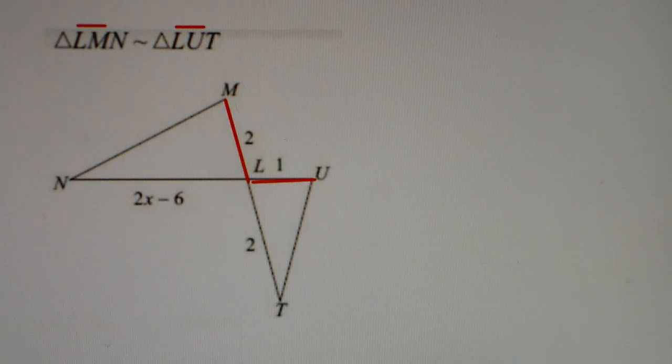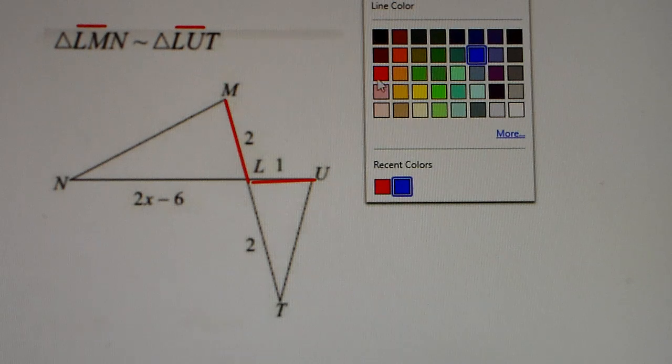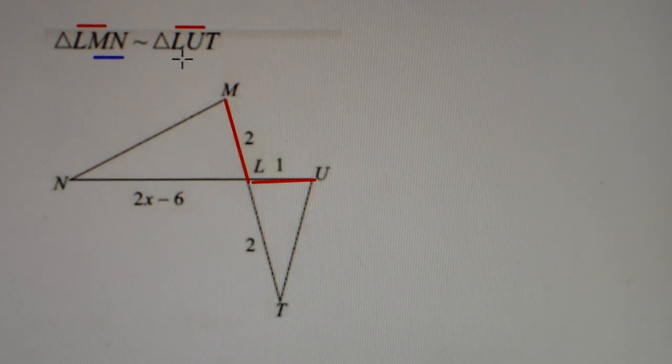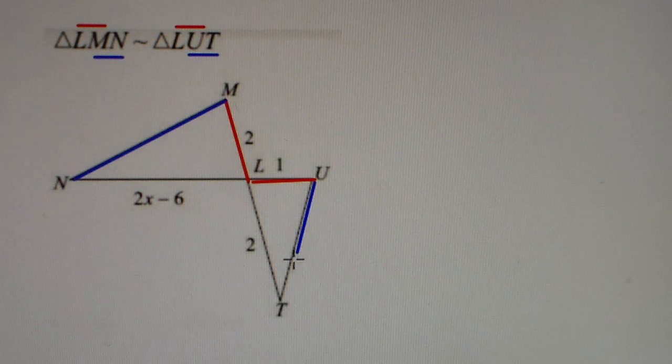We'll set up a proportion. Then MN matches up with UT. So those two sides together. Then by process of elimination, we know that LN matches up with LT.